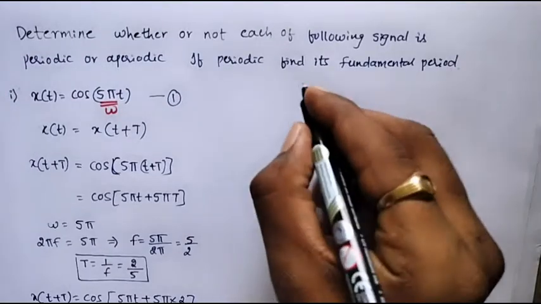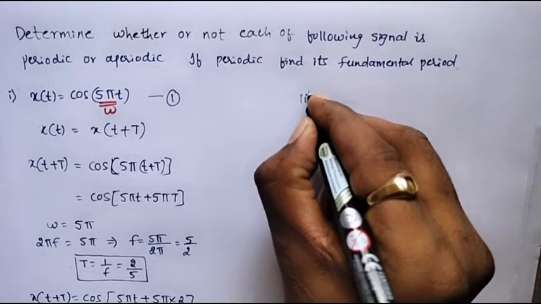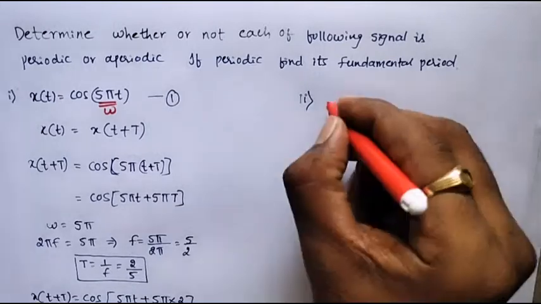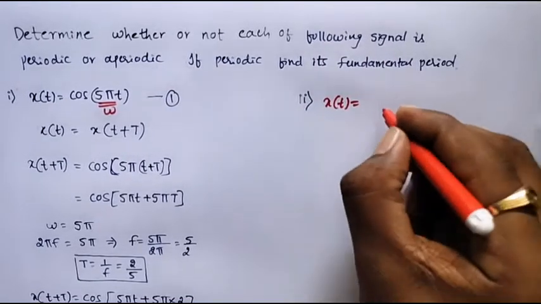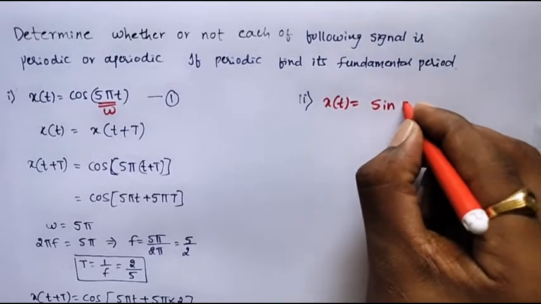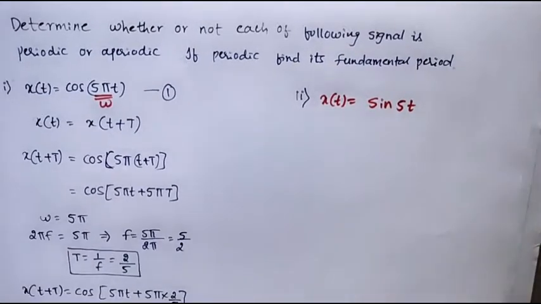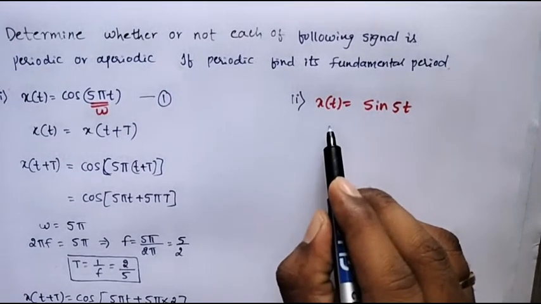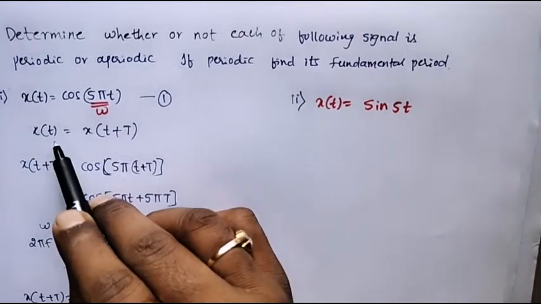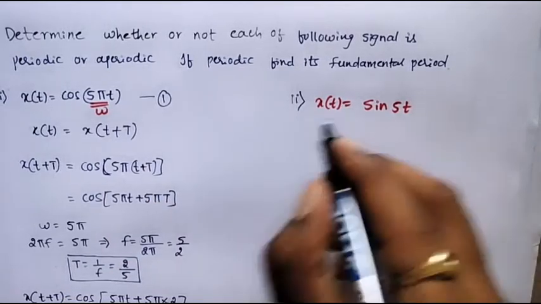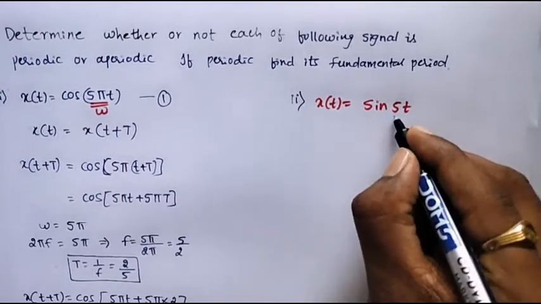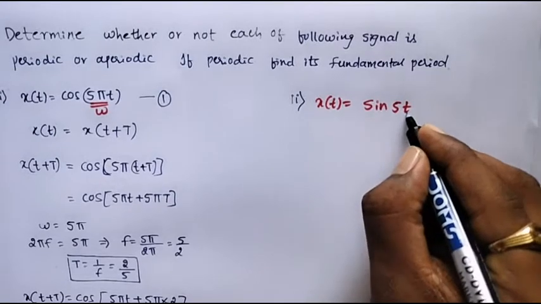Let's consider another example. The given signal is x of t is equal to sin phi u t. We know that the condition for periodicity is x of t is equal to x of t plus T. First we'll calculate T. In this example it is of the form sin omega t.